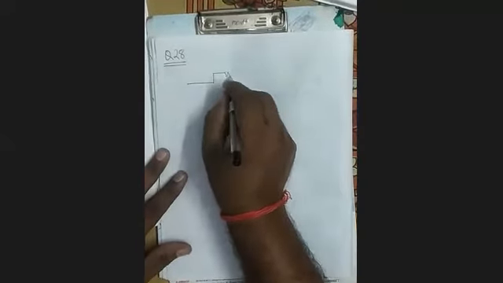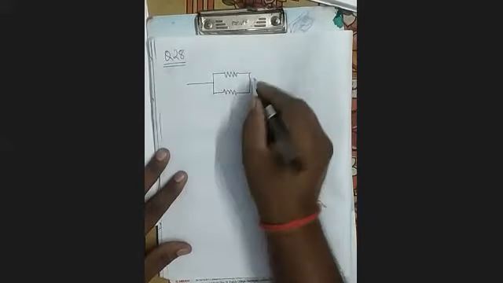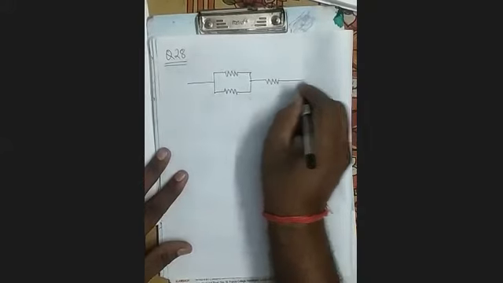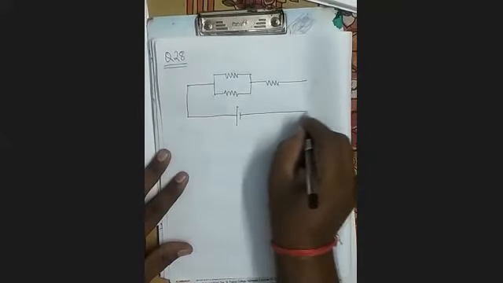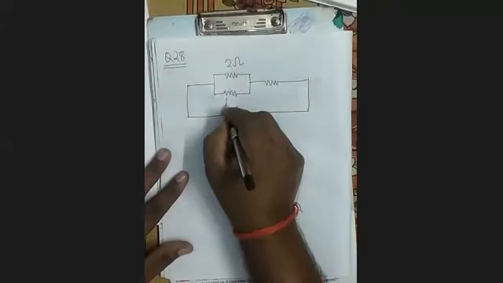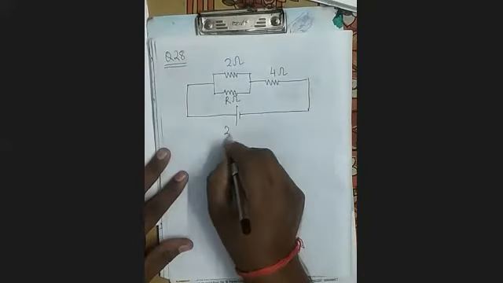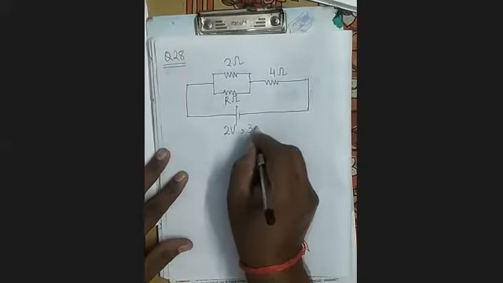Question number 28. This is 2 ohm, R ohm, 4 ohm. This is 2 volt, 3 ohm.